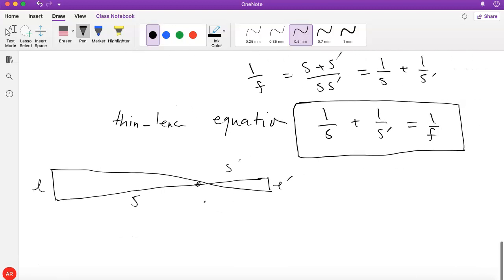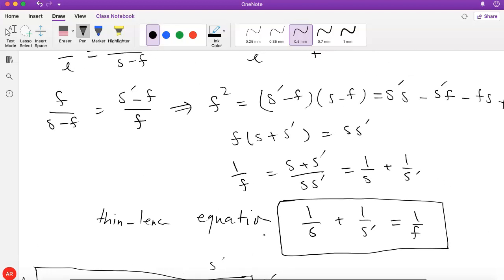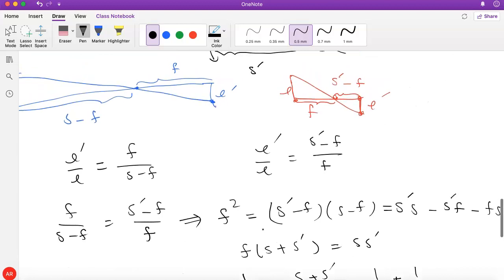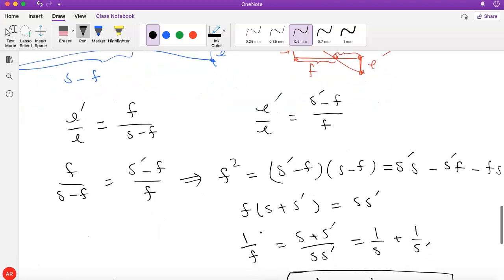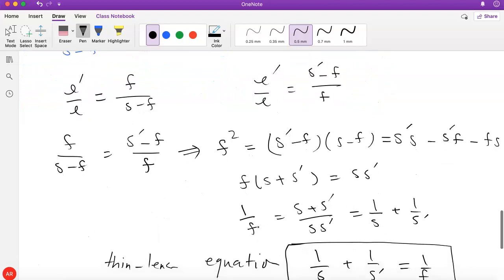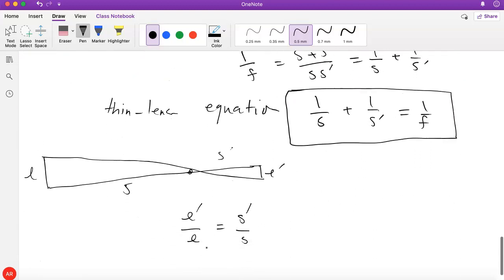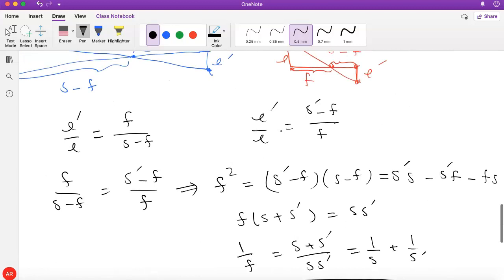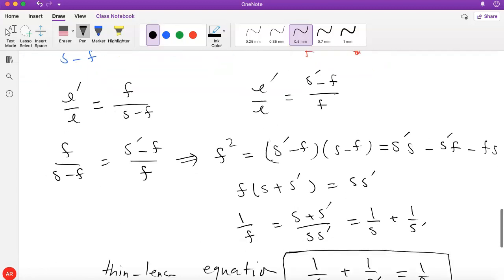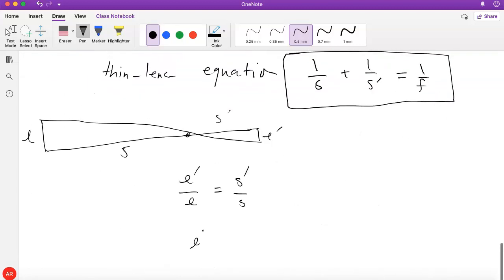So the condition in order for this ray that goes through the center not to bend is L prime over L is S prime over S. Okay, can we check that it works? Well, let's take a look at L prime over L. From this equation, L prime over L is S prime minus F over F.